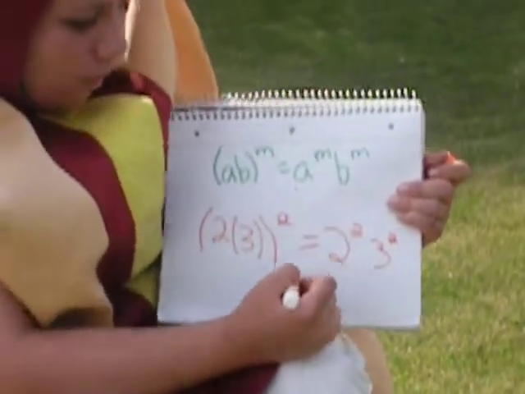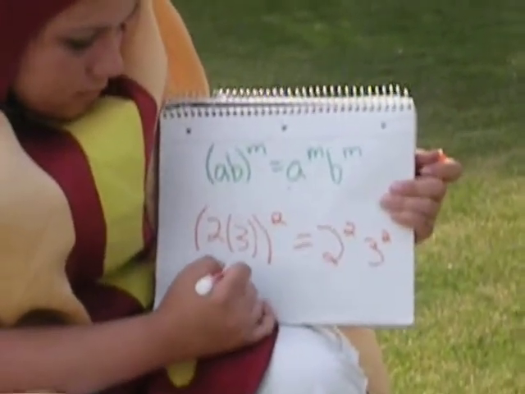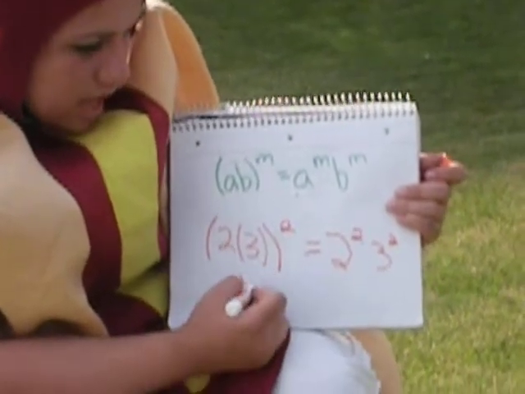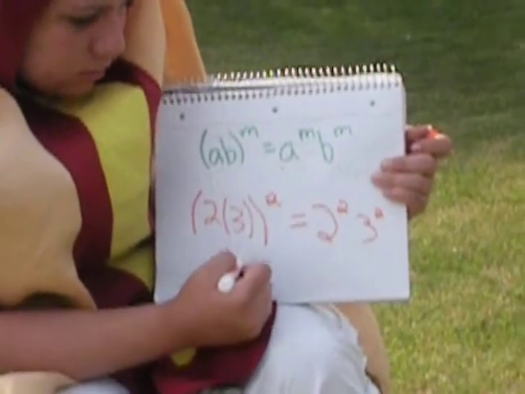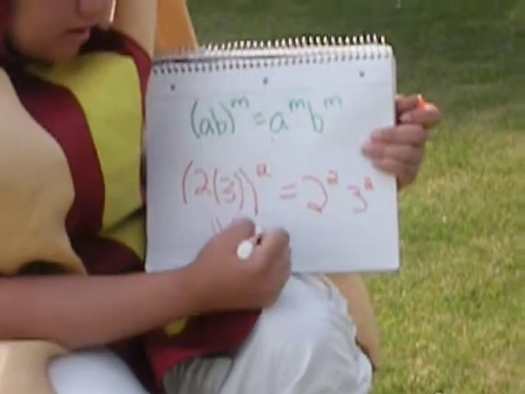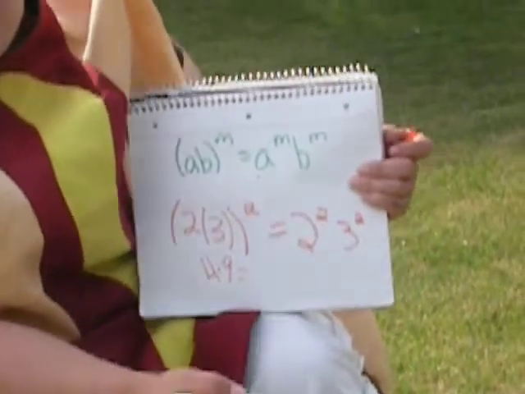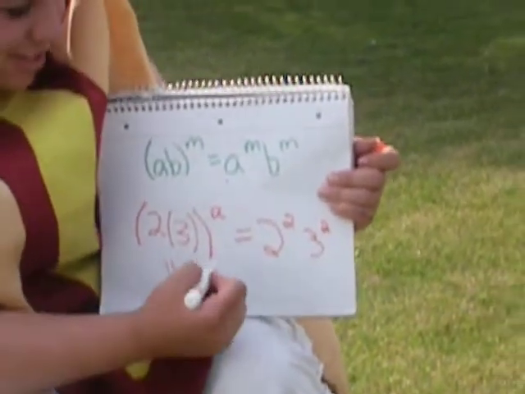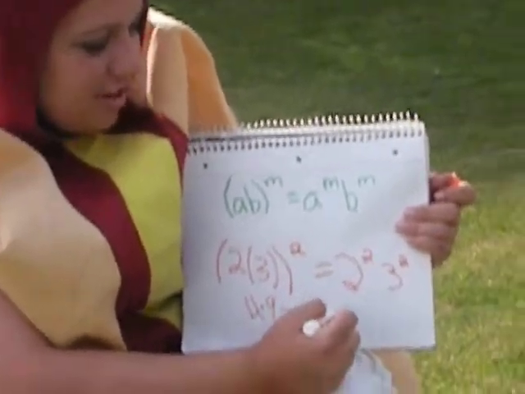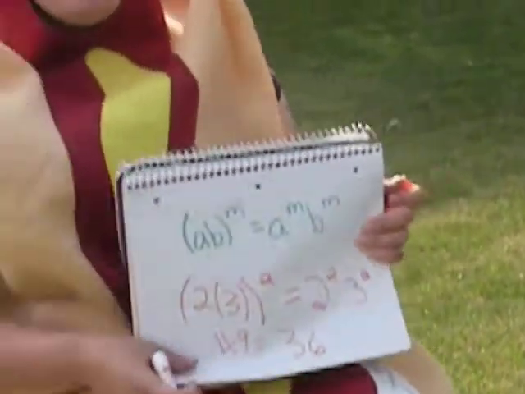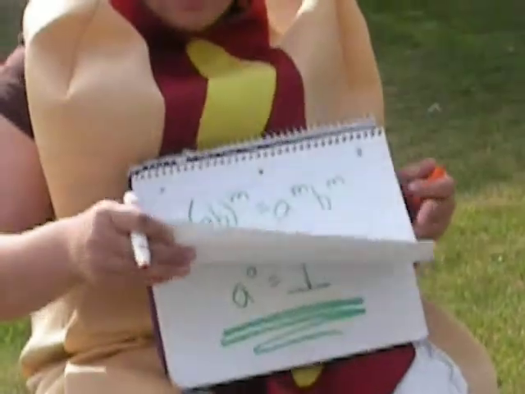So that gives you 4 times 9. What is 4 times 9, Shaunessy? 36. Good job, Shaunessy. 36 is your answer. Once again, seems hard, but it's really not.